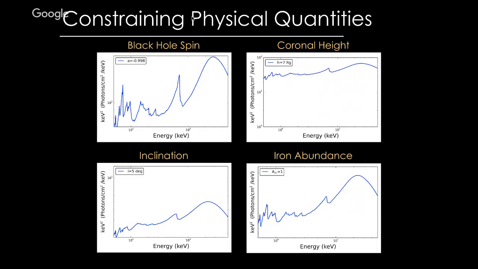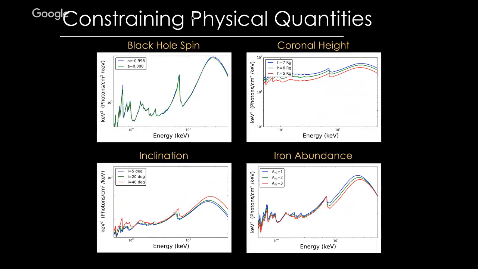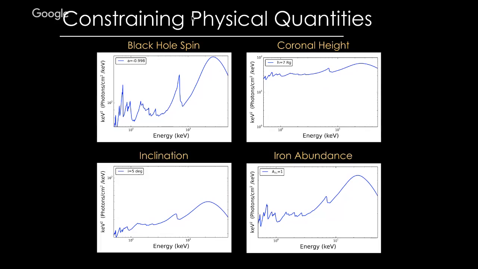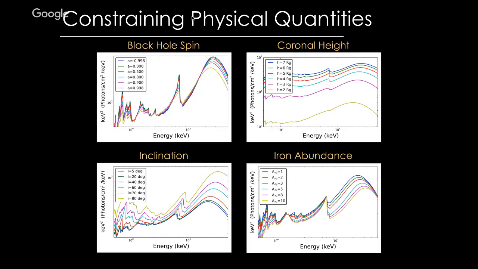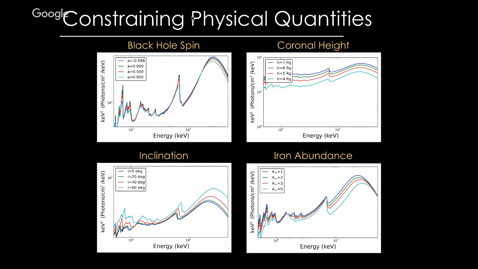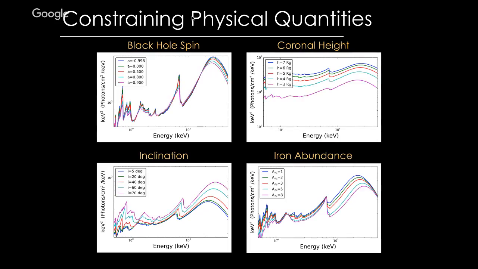And of course, things that I mentioned, inclination, essentially moves the blue side of the line. You see it moving towards the right, the more inclined it is. And iron abundance, of course, will make the iron features more prominent, but it also increases the photoelectric absorption near the line. So it increases the emission, but it also somehow decreases the continuum around the line. So all these things are important, of course.